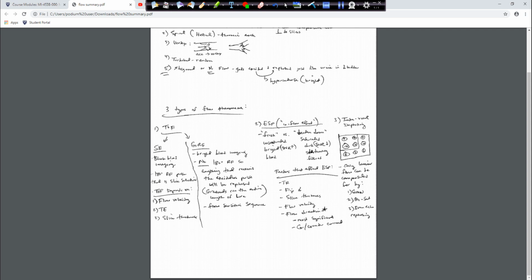And then we were able to compensate for these three flow phenomena by these parameters. We had gradient moment nulling, which was a bipolar gradient, so that our stationary tissue and our flowing blood were at the same phase position. Our saturation bands, remember we can put them either inside the field of view or outside the field of view. And then our even echo rephasing.